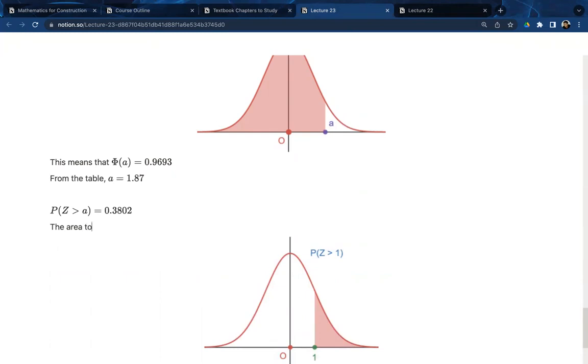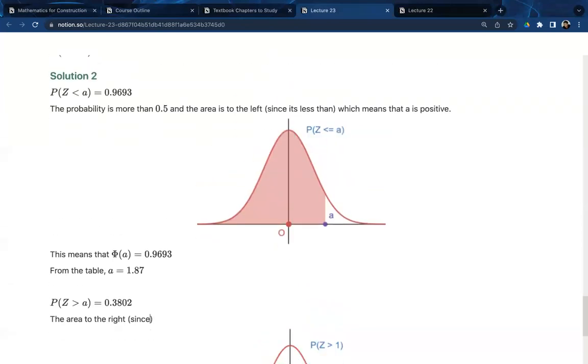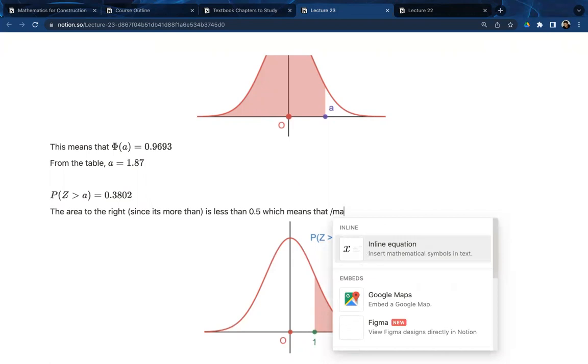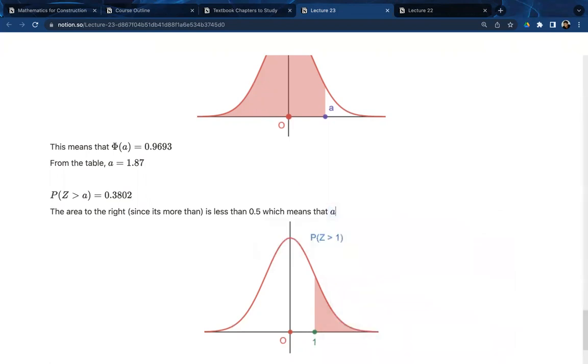The area to the right, since it's more than, so it means that A is positive, right?